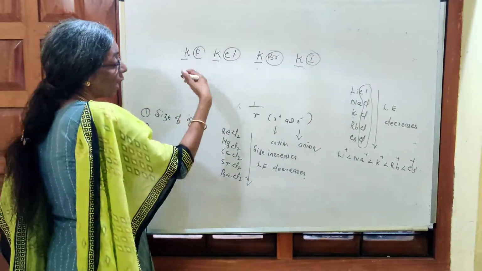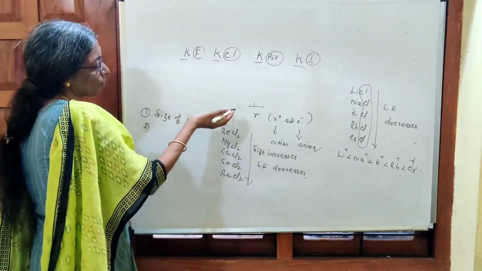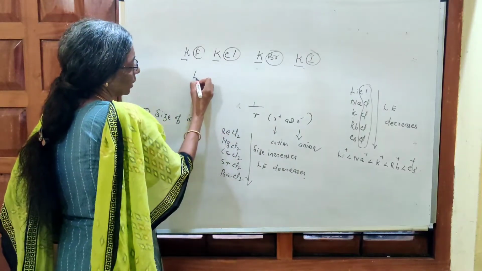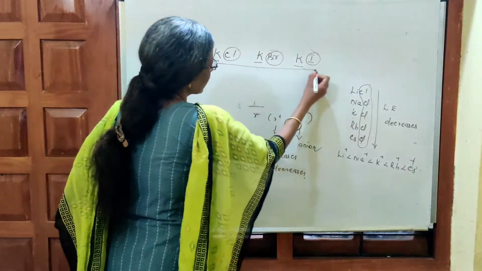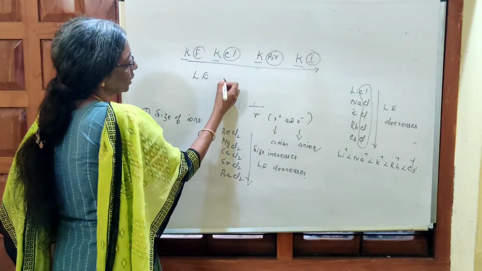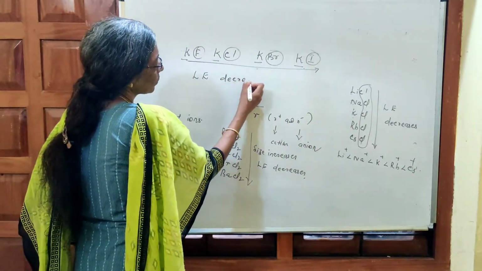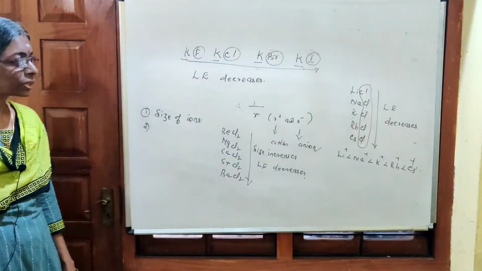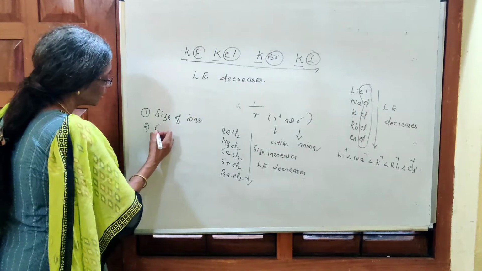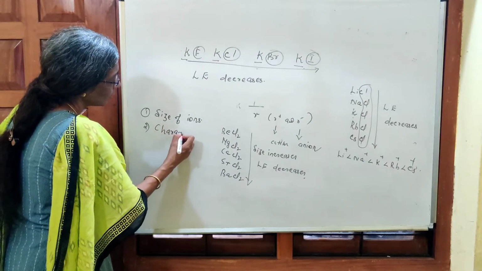So the size of the anion increases. So lattice energy decreases. How will you write it? Lattice energy decreases.